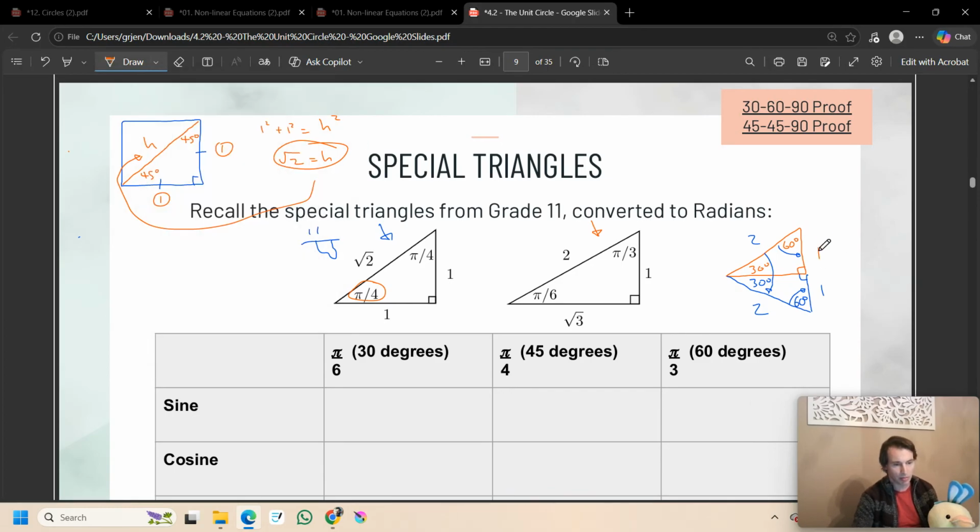So this is how you can remember that this side is 1 and that side is 2 and this side is the square root of 3 because of these types of reasons. 1 squared plus something squared, call it b squared, equals 2 squared. 2 squared is 4, but I take away 1 because I want to take away this 1 from both sides. So that means b squared is 3, and so b is the square root of 3, and for convenience sake we're just going to consider the positive one. So that's where these numbers come from.